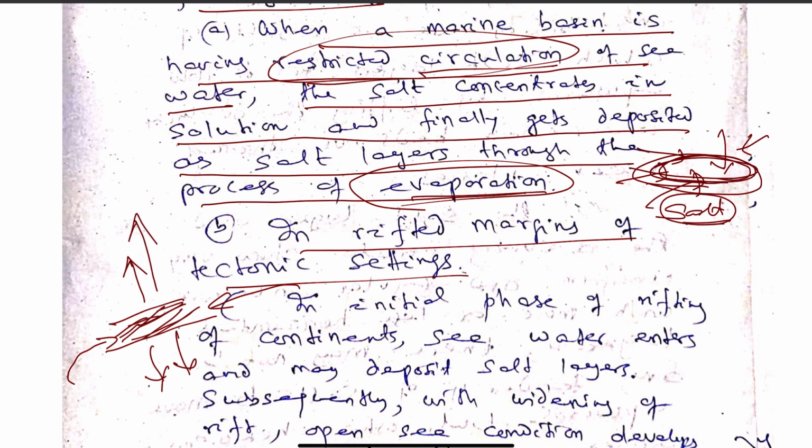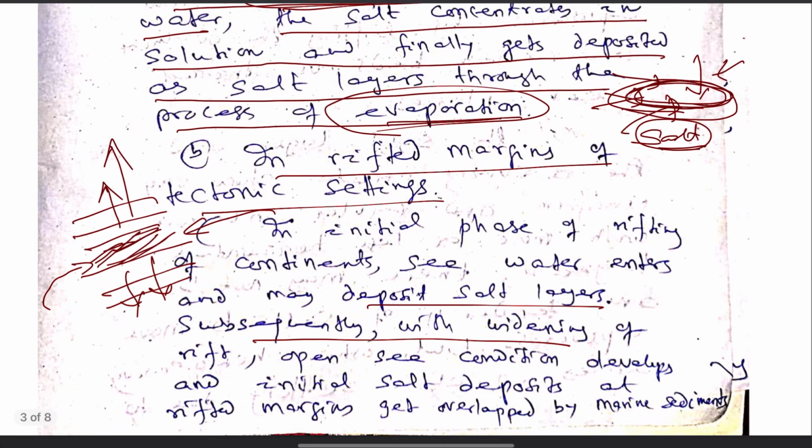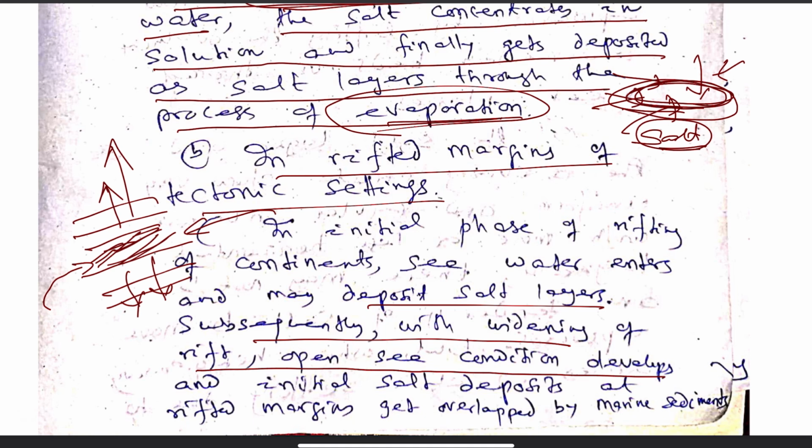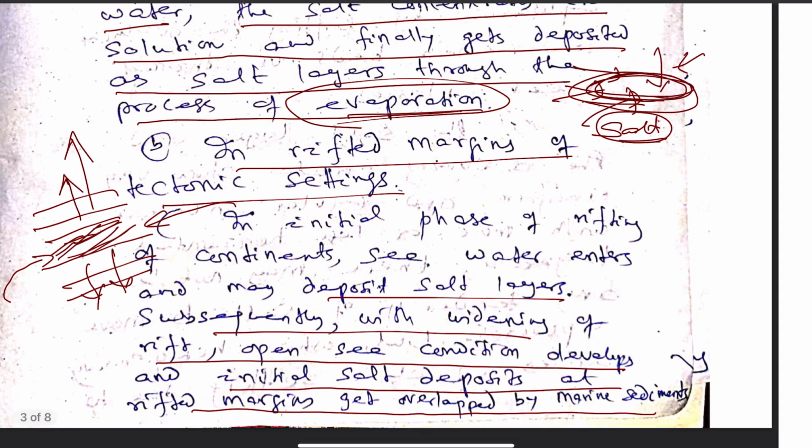Along with gradual rifting, the size of the rifted basin grows to form sea. So in the initial phase, when the rifting is taking place, seawater will get inside and will deposit its salt layers. Subsequently, the widening of the rift causes open sea condition and the initial salt deposits at the rifted margins get overlapped by marine sediments.